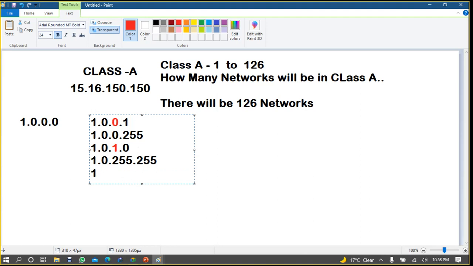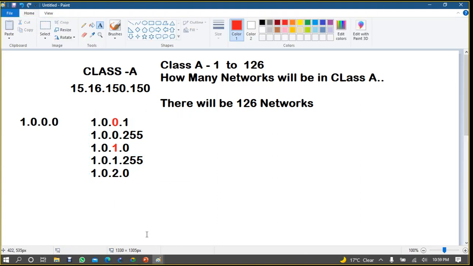Then this will become 1.0.2.0, like this, right? Are you understanding? So again, when this 255 comes here, it will make this one a 2, and again it will be like this.